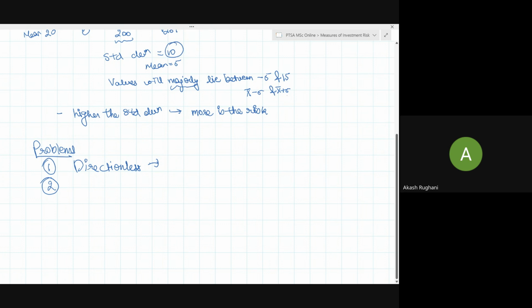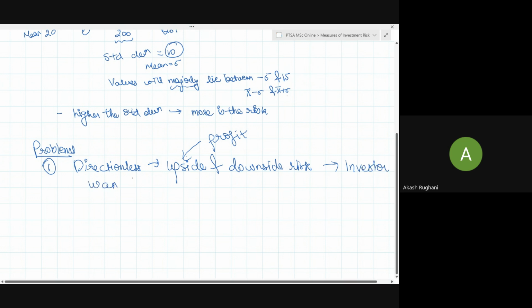It gives you both upside and downside risk. Now, ideally, upside risk is basically profit. From an investor point of view, I'm not too concerned with the upside risk. Investors want to focus on downside risk only.